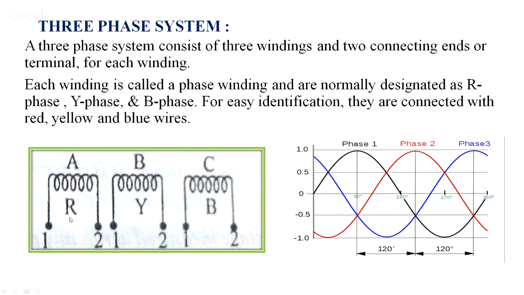So R stands for red, Y for yellow, and B for blue. So when we represent a three-phase diagram, you can see it is represented by three different colors. This can be the voltage or the current in the three different phases.